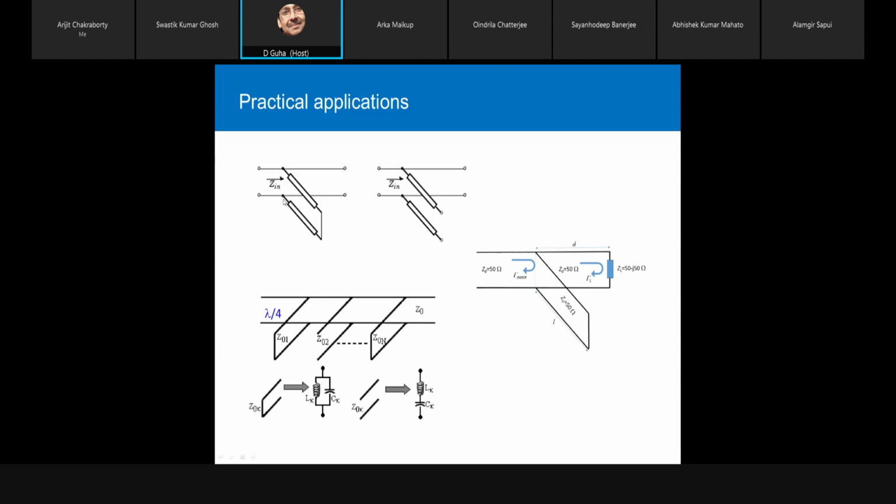This is one interesting example you can note. There is some mismatch, and that's why the reflection coefficient is high. Here is also some mismatch, the reflection coefficient is high.